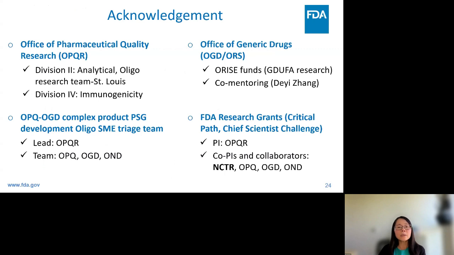And lastly, I would like to take this opportunity to acknowledge the generous support from multiple offices of FDA, particularly the Office of Pharmaceutical Quality Research, both the Analytical Division in St. Louis and the Immunogenicity Group, the Office of Generic Drugs, who supports our ORAS fellows in regulatory science research, and FDA CTR, who collaborate with us for impurity toxicity assessment and the complex product PST development oligo SME triage team.